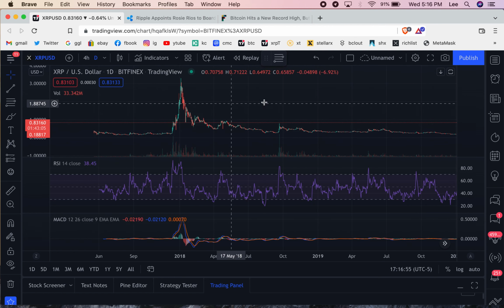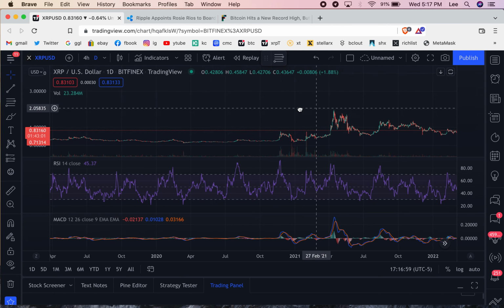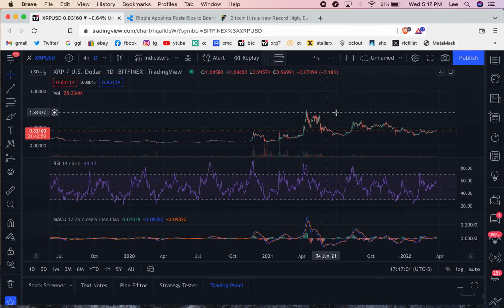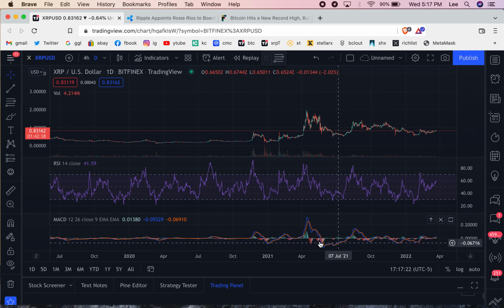And then we just had that recent pump in 2021. That was May 2021, when it hit $1.96 in April. But you can look here at this MACD cross on the daily. The RSI was around 87, and then a bearish MACD cross down.